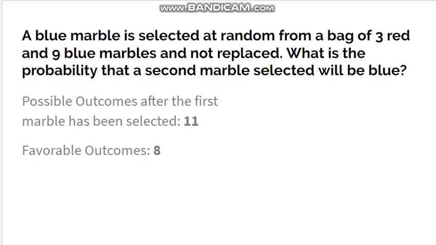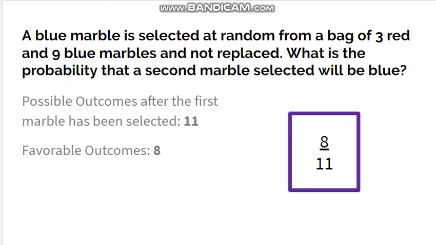So our probability that the second one will be blue is 8 over 11. Pretty simple. We're just looking to see what information we've been given about what has already happened, our condition, and then we're finding the probability based on that condition.